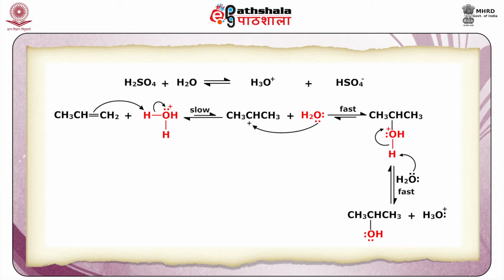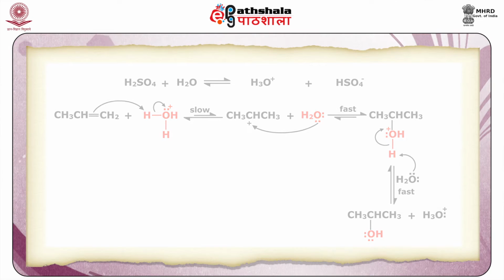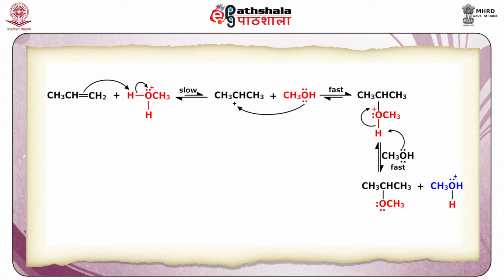From this H3O plus, the alkene takes the proton, giving you a carbocation, and then water will now attack readily as a nucleophile. So, this carbocation center will be attacked by water and then, followed by deprotonation, you get the corresponding alcohol.